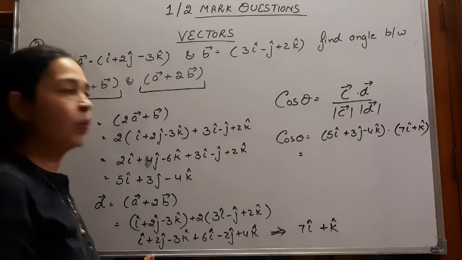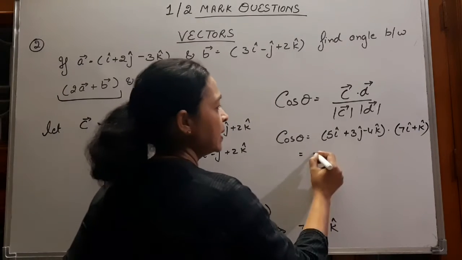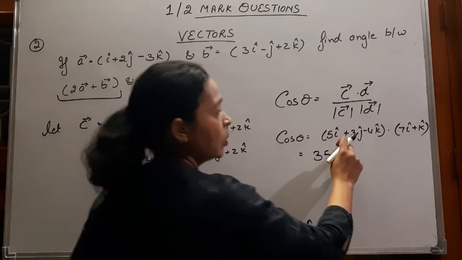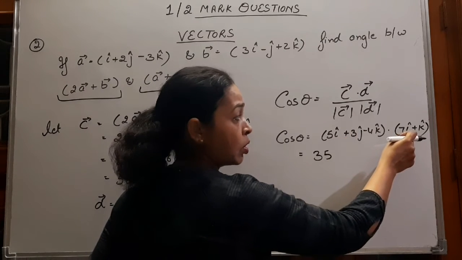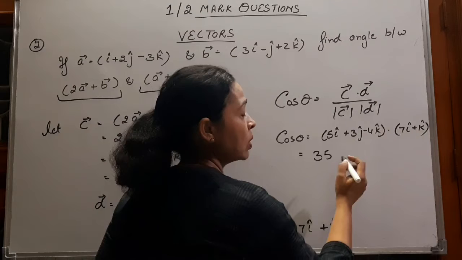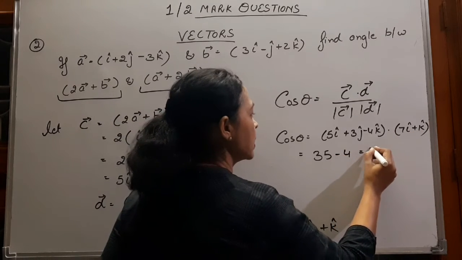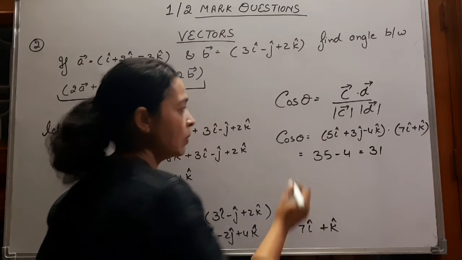What is i dot i? 1. 5 into 7, 35. i dot j, i dot k, 0. 3 dot 0, 0. Minus 4 dot 1, minus 4. 31.